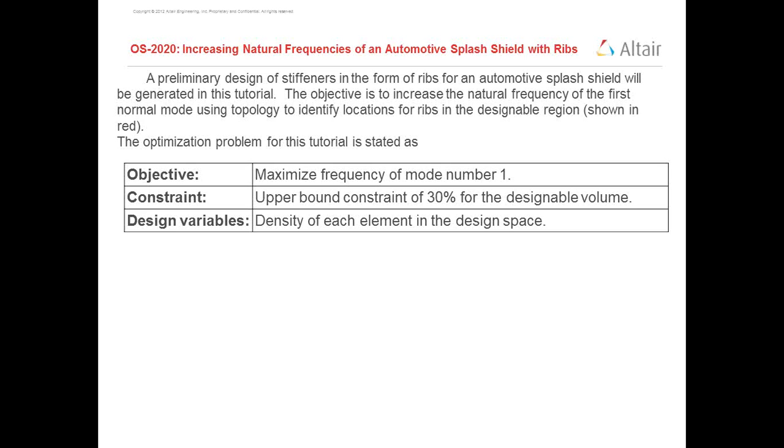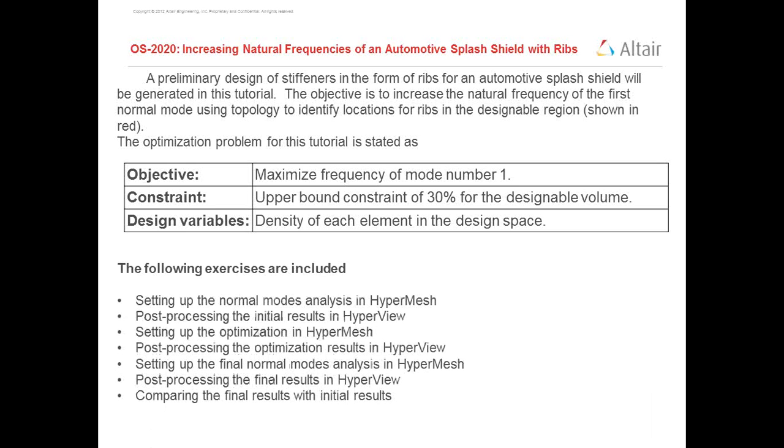The objective is to increase the natural frequency of the first normal mode using topology optimization to identify the location of ribs in the designable region. The optimization problem is stated as: the objective is to maximize the frequency of mode 1, my constraint is an upper bound of 30% for the designable volume, and my design variables are the density of each element in the design space.